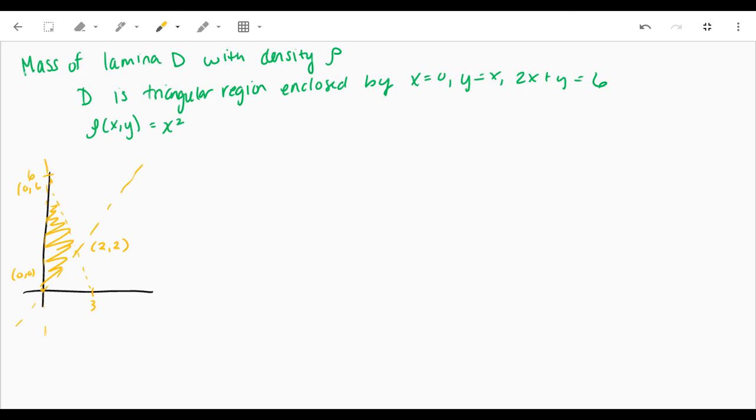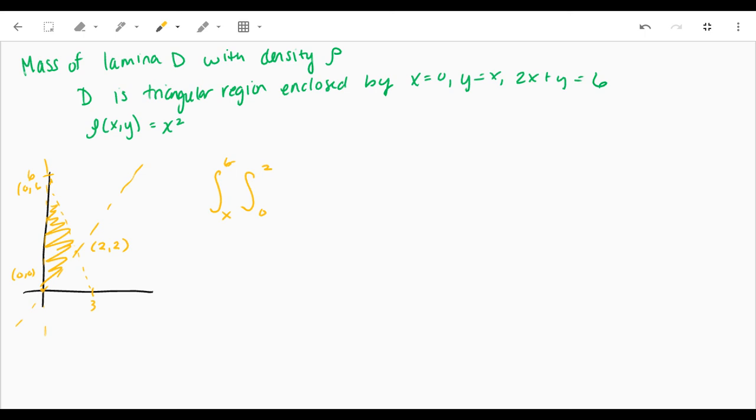So all we need to do then is your integral. Obviously we can do it a couple different ways here. We can do x goes from 0 to 2, and y goes from, we're bounded below by y equals x and above by y equals 6 minus 2x.